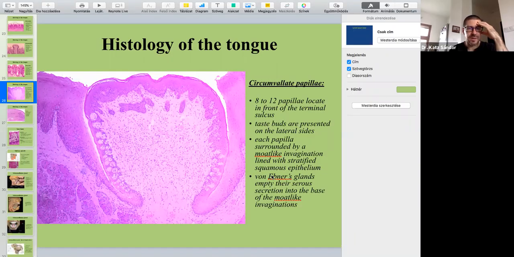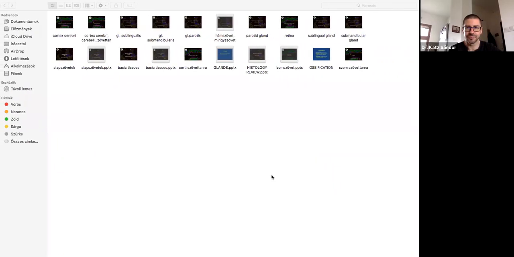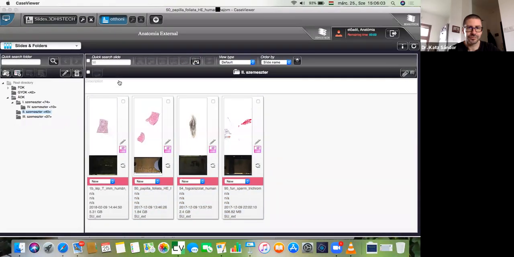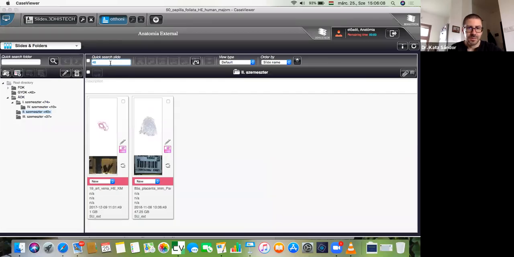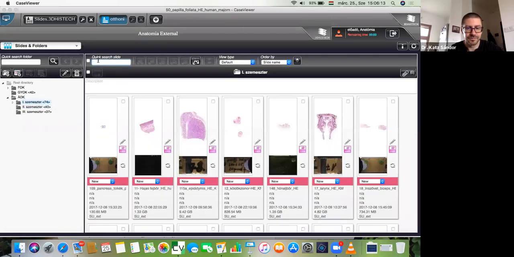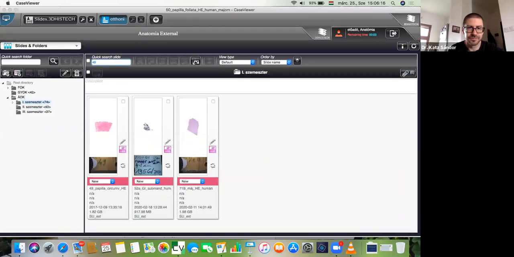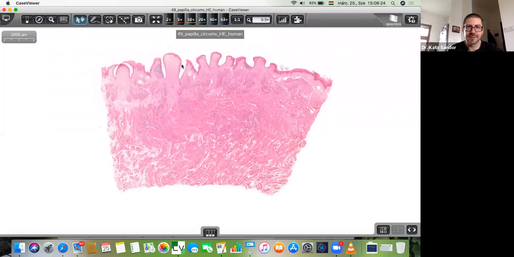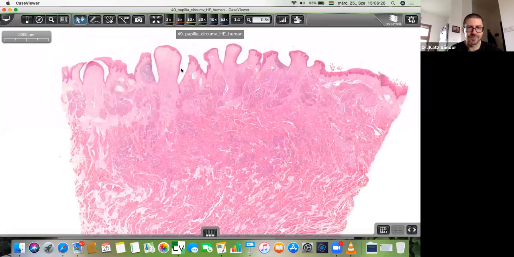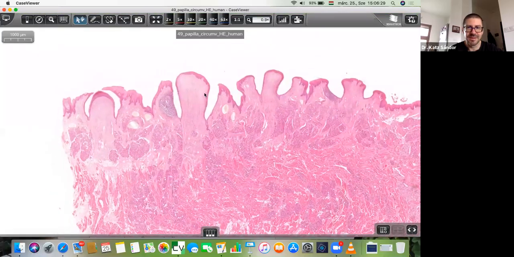Now let's see this papilla. This is the 49. So on the small magnification, we can see this and this.